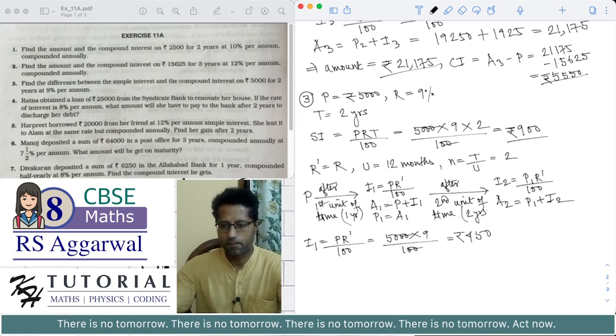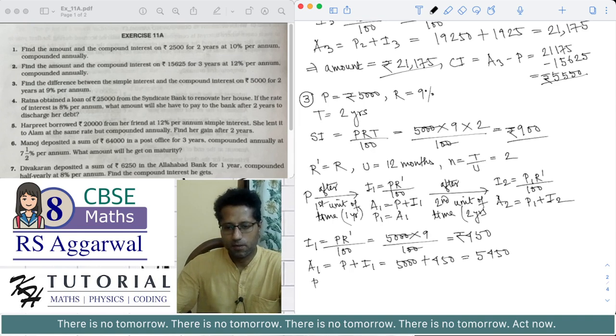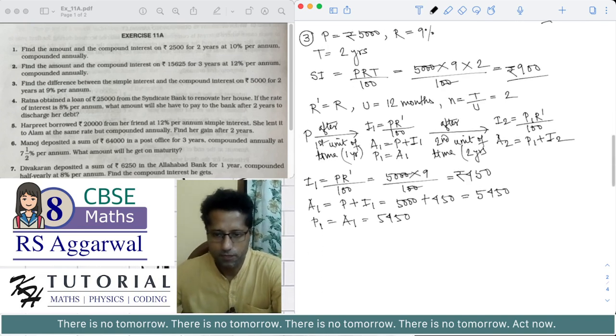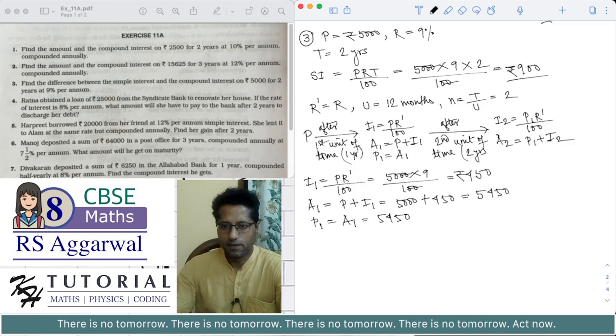Okay, and amount will be the current principal plus the interest, which is equal to 5,000 plus 450, which is 5,450, and the next principal will be equal to the amount, which is equal to 5450.